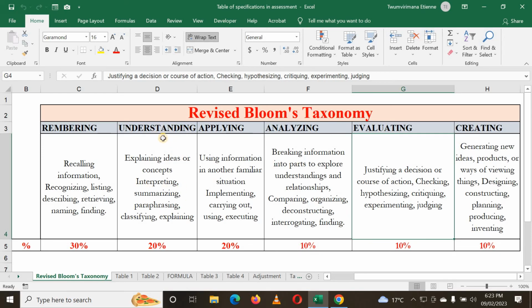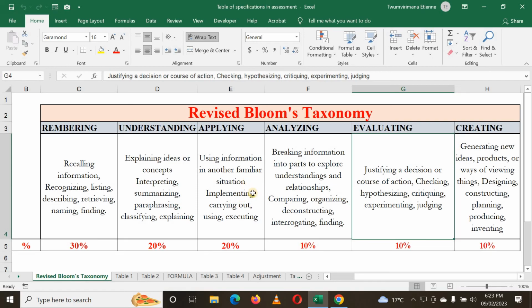This goes with the level of understanding of the student. Now applying: you are going to use information in another familiar situation. You are going to apply what you have learned, what you have studied, in a new situation or in another familiar situation.